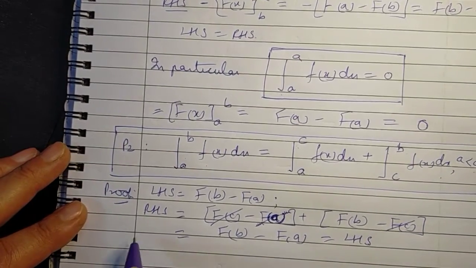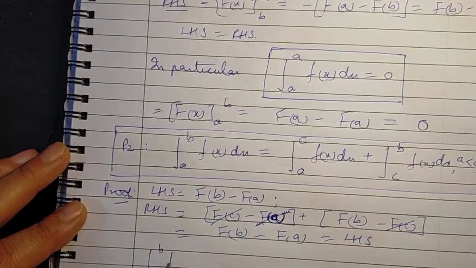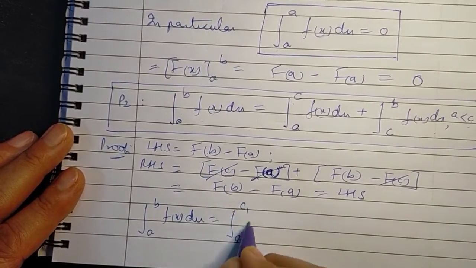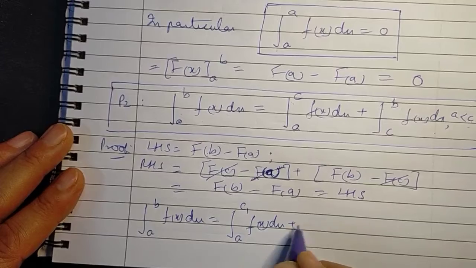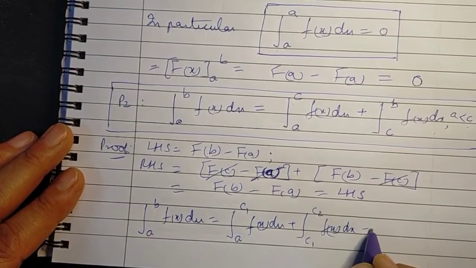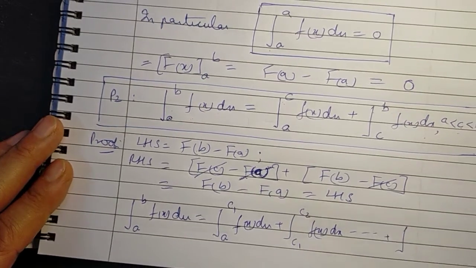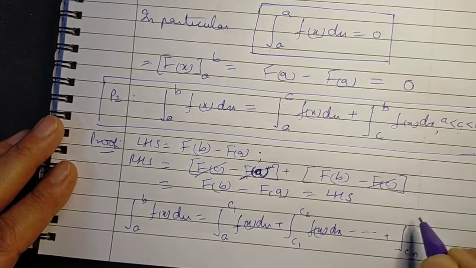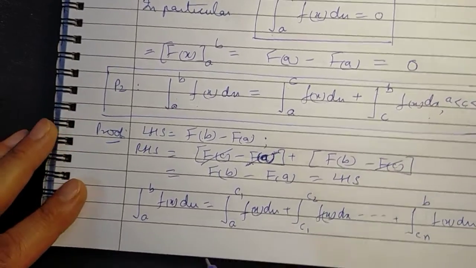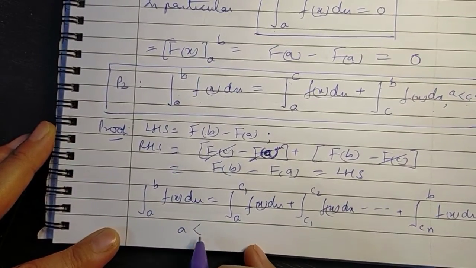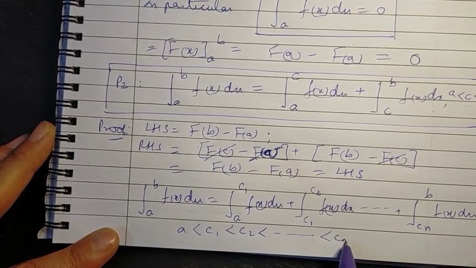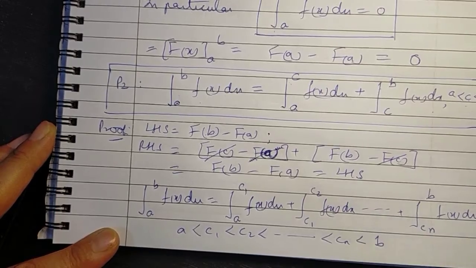Similarly, we can extend the same thing as integral a to b f(x) dx equal to a to c1 f(x) dx plus c1 to c2 f(x) dx, and going in this manner, the last one would be cn to b f(x) dx, where a is less than c1 less than c2 less than, going in this manner, cn, which is less than b.